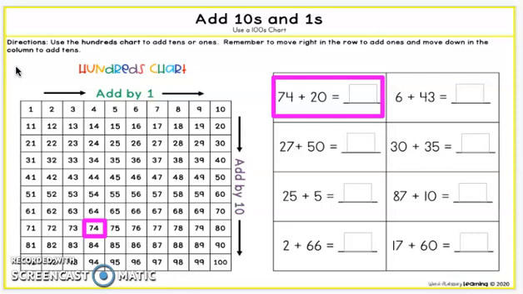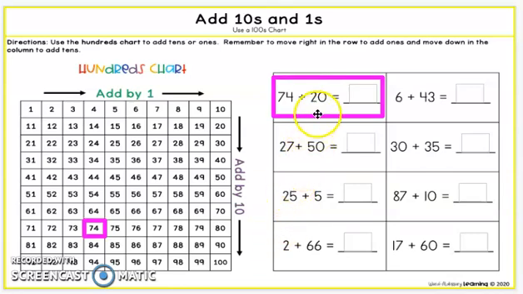Now, which way am I going to move on the 100 chart? Am I adding by ones and going to move across the row? Or am I adding by tens and going to move down the columns? That's right. I'm going to move down the columns.